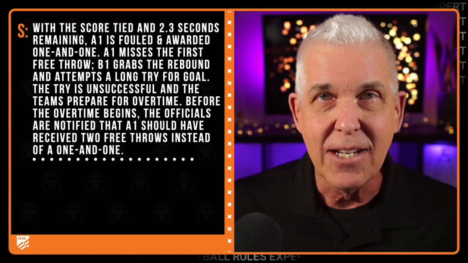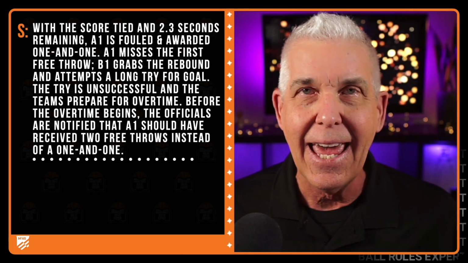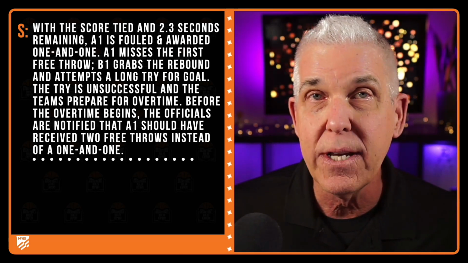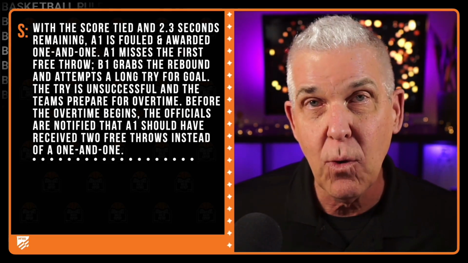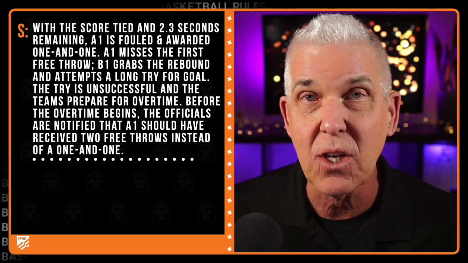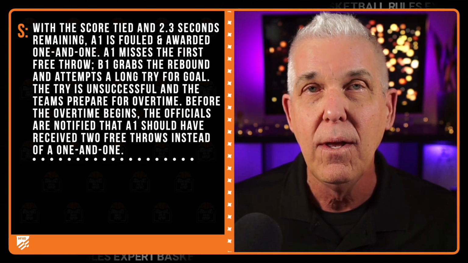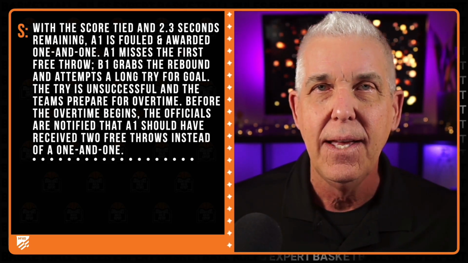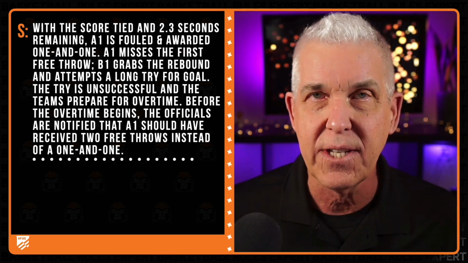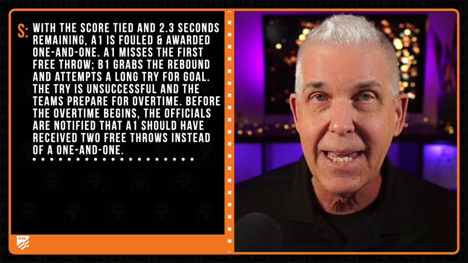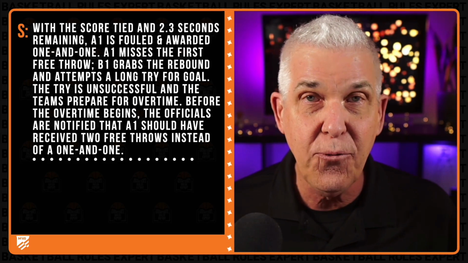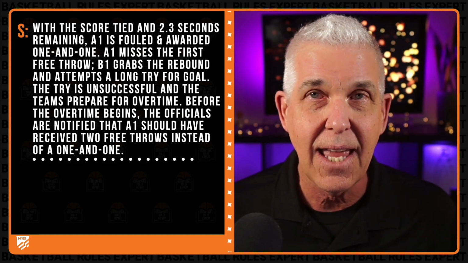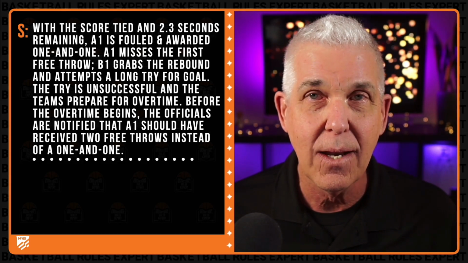With the score tied and 2.3 seconds remaining, A1 is fouled and awarded 1-and-1. A1 misses the first free throw. B1 grabs the rebound and attempts a long try for goal. The try is unsuccessful, and the teams prepare for overtime. Before the overtime begins, the officials are notified that A1 should have received 2 free throws instead of a 1-and-1.